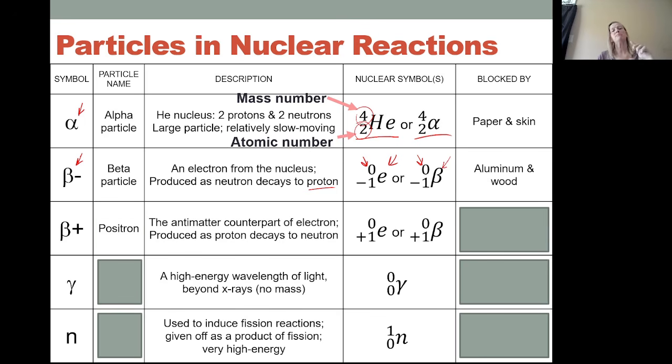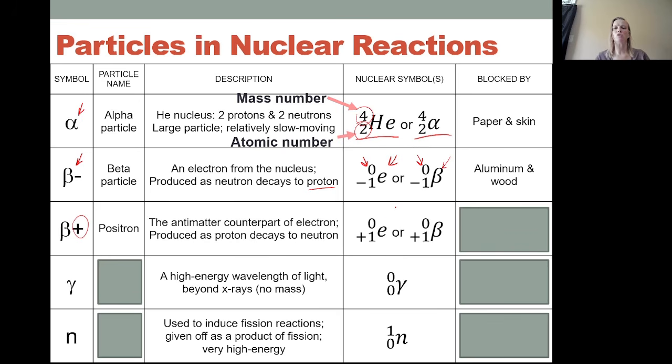It's actually the antimatter counterpart to the electron. So if a positron and an electron meet up with each other, they annihilate each other, and a large quantity of energy is produced. This antimatter counterpart actually has a positive charge, not a negative charge. It's the same size as an electron, same sort of properties as an electron, except it's positively charged instead of negatively charged.